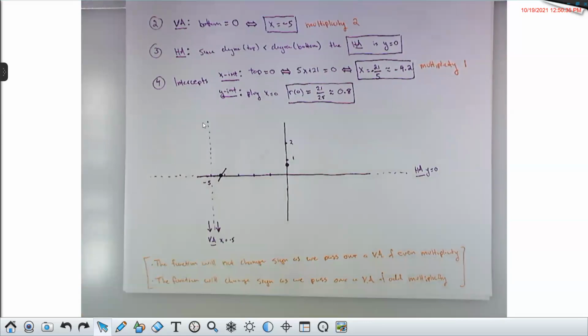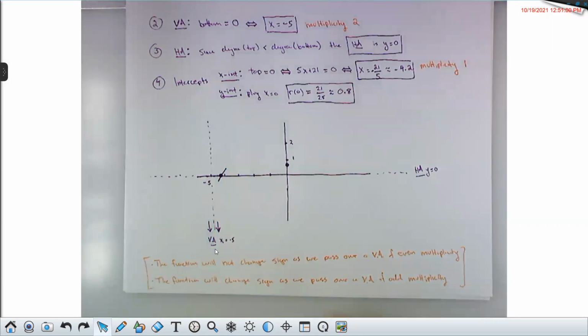If the VA comes from an even multiplicity factor, the arrows have to point the same way on both sides, either down and down or up and up. If the VA comes from an odd multiplicity factor, the arrows have to point opposite ways, down and up or up and down. Since this guy is an even multiplicity, and we know the arrow goes down on the right, the arrow must also go down on the left.